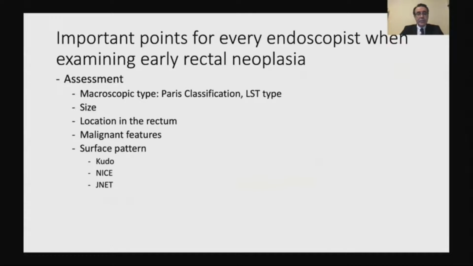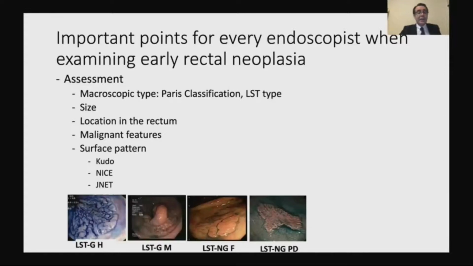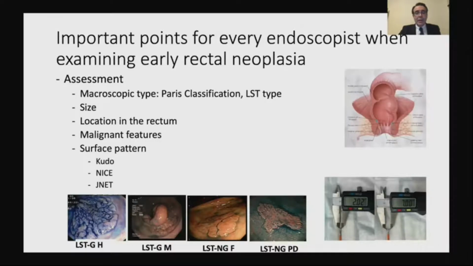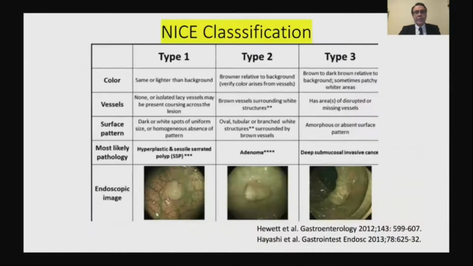And it's important to describe the features of the polyp: size, location, macroscopic classification. For LSTs, the Kudo classification, estimate the size as compared with a biopsy forceps or with a snare, the location, which wall of the rectum is affected, and how far from the dentate line the polyp is. We have to describe all this in the report.